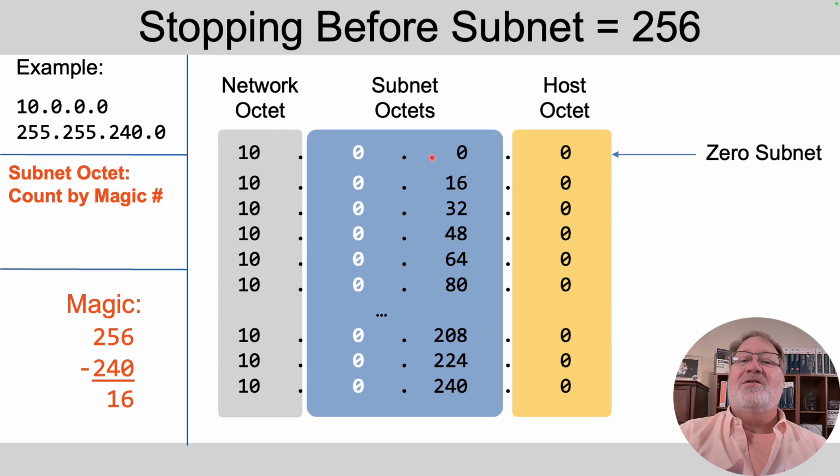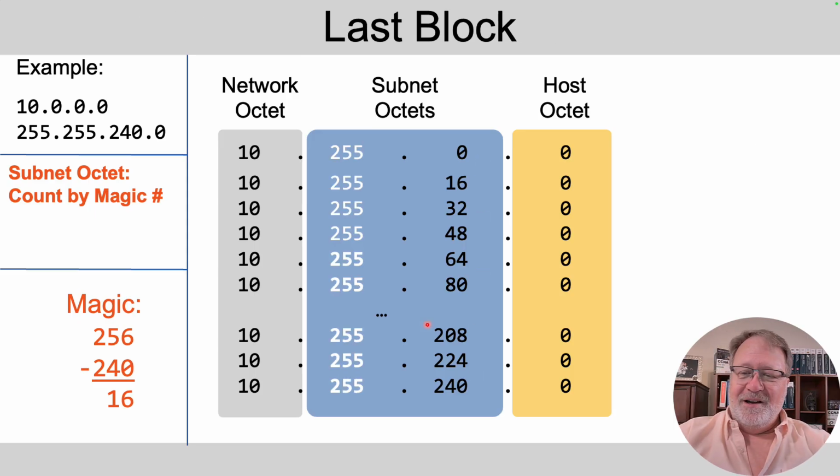And when there are, you have to expand your process, where you create a block of subnet IDs, where you add the magic number in the rightmost of the subnet octets, with a 0 in the leftmost of the subnet octets. And then you create another block with this same pattern on the right, with 1s on the left. Another block, same pattern on the right, 2s. Same pattern, 3s, same pattern 4s, all the way up through the same pattern with 255s, and then you're finally at the end of the list.